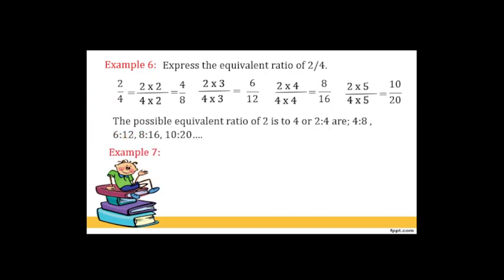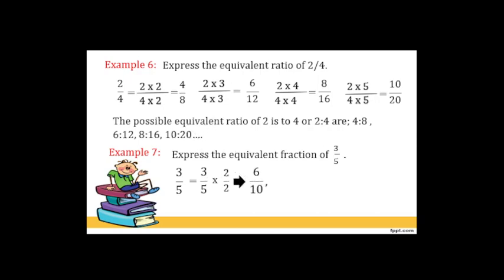And for example 7, express the equivalent fraction of 3/5. So you write 3/5. Again, you start multiplying it by 2. So 3/5 multiplied by 2 over 2, that will become 6 over 10.